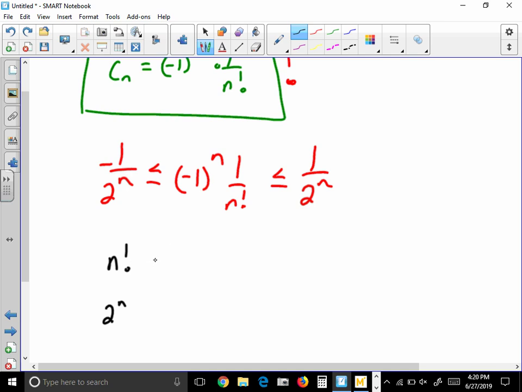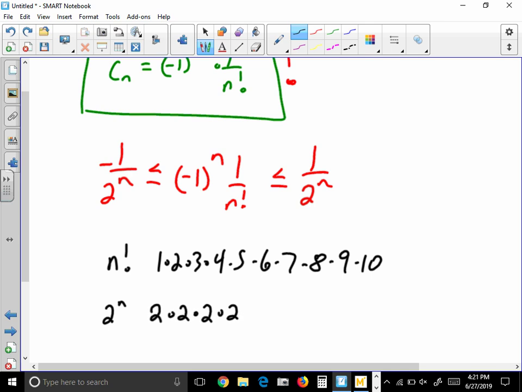N factorial means 1 times 2 times 3 times 4 times 5 times 6 times 7 times 8 times 9 times 10. 2 to the n means 2 times 2 times 2 times 2 times 2 times 2. For a while, this one is going to be bigger.